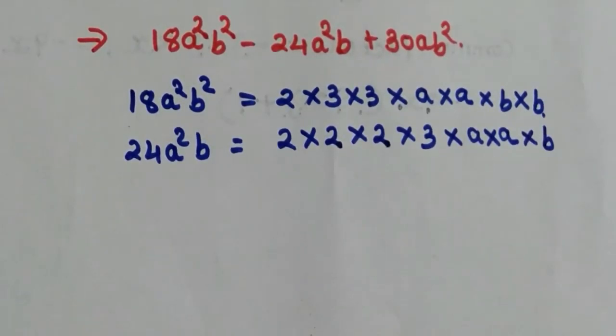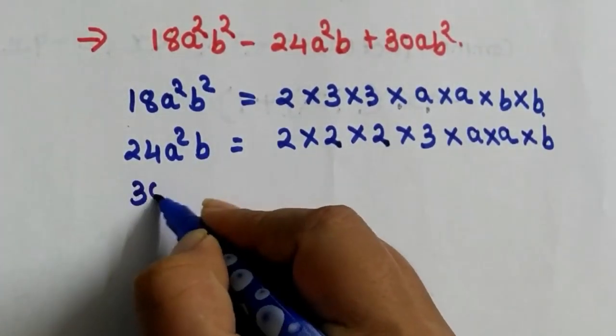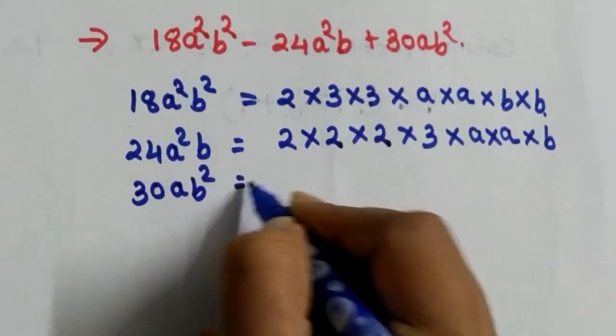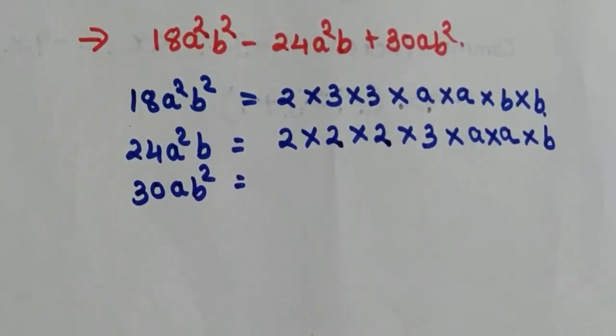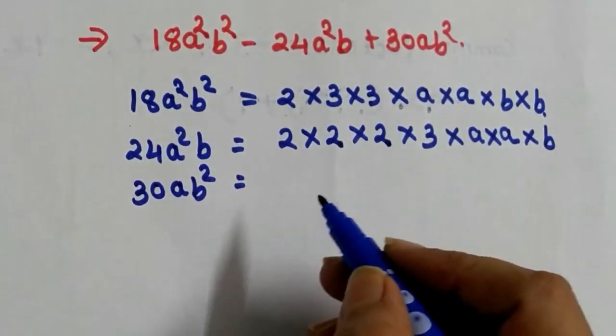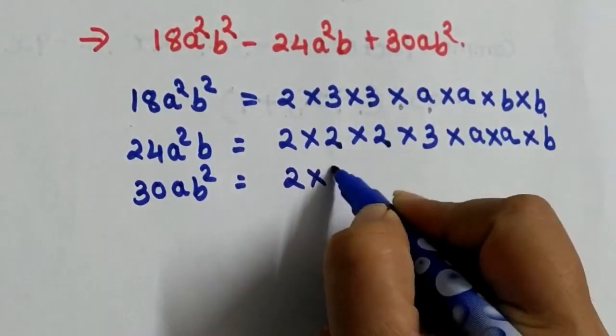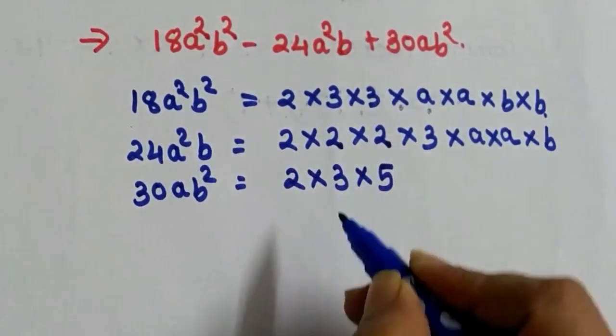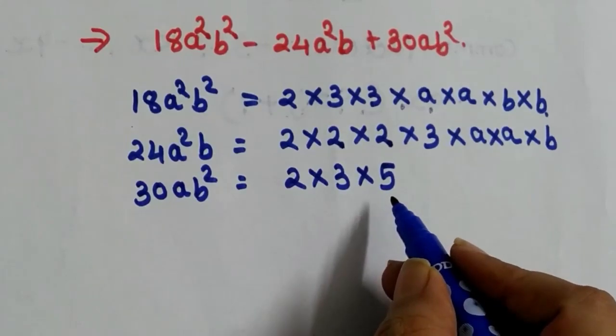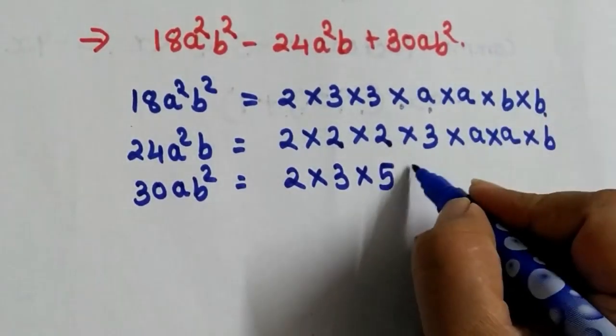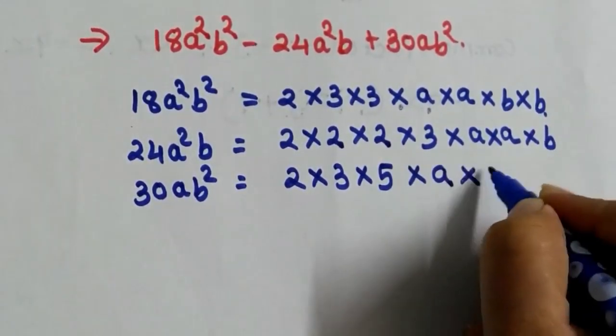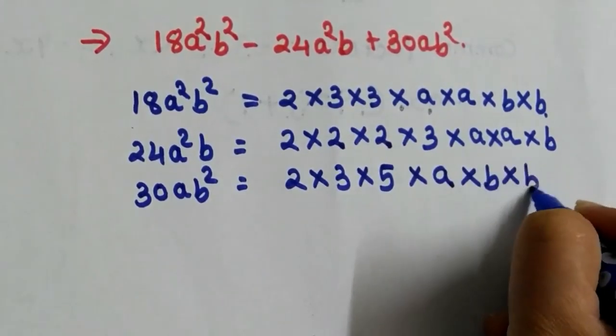And the third one, that is 30ab square. So we'll write the prime factors of 30, that is 2 into 3 into 5. 2 3s are 6, 6 5s are 30, multiplied by a multiplied by b into b.